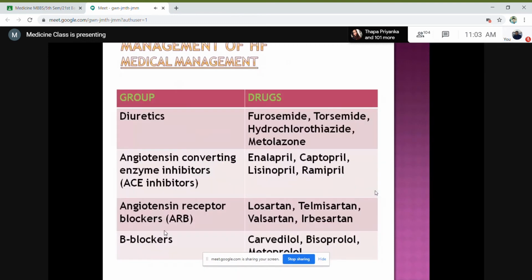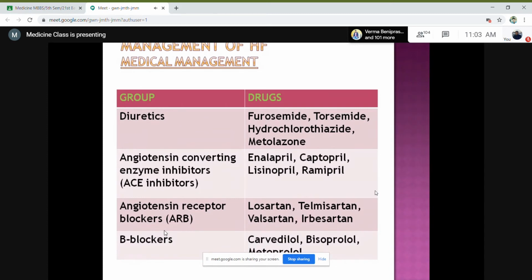So the drugs that can be used: diuretics, furosemide, torsemide, hydrochlorothiazide, metolazone. Angiotensin converting enzyme inhibitors, ACE inhibitors, enalapril, captopril, lisinopril, ramipril. Angiotensin receptor blockers, losartan, telmisartan, valsartan, irbesartan.